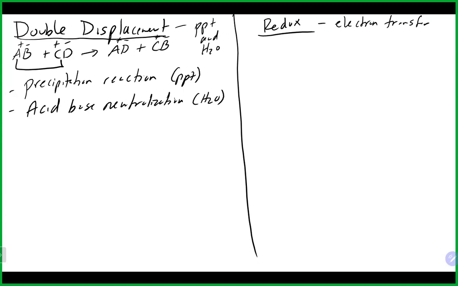Underneath our redox sort of umbrella, we have more specific classifications. We have our single replacement reaction that we could recognize by having either a metal or a non-metal by itself with no charge plus an ionic compound.